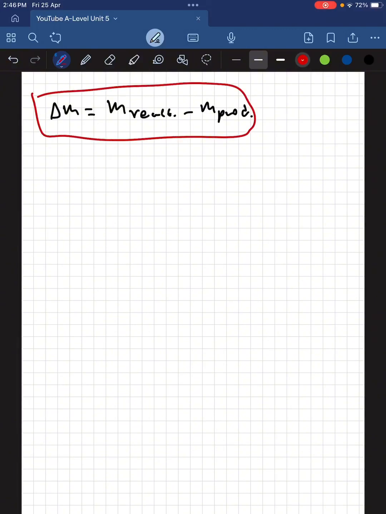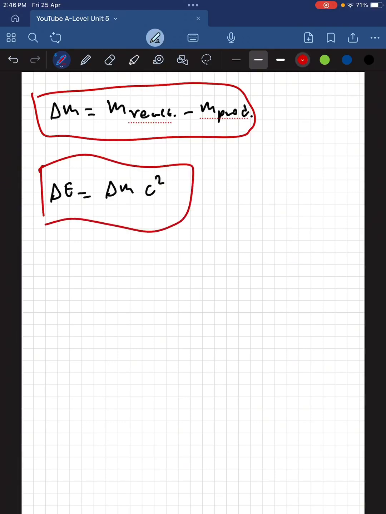This is what you can use to find the mass deficit, and then using that mass deficit, you of course use delta E equals delta M C squared to find how much energy you can get out of some particular reaction.